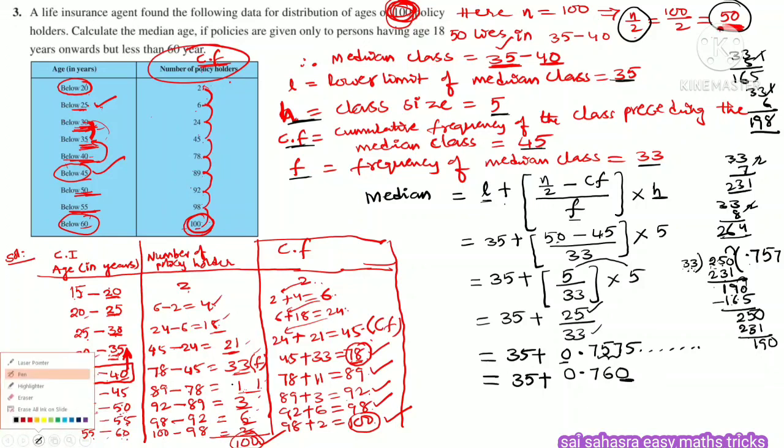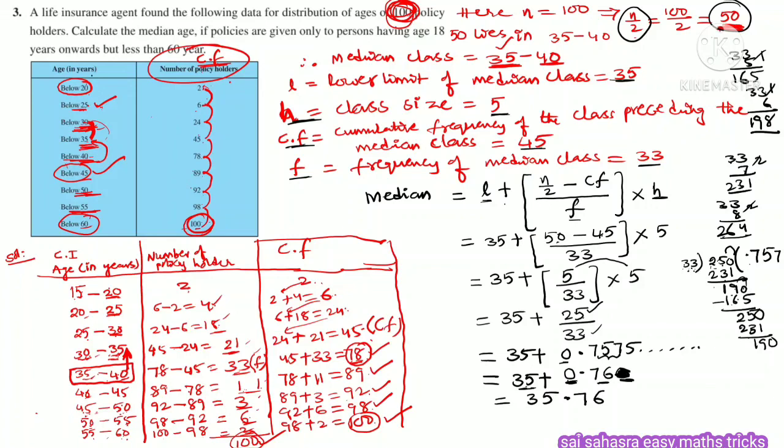The zero at the extreme end after the point we can avoid, so that is why it is 0.76 only. The whole number 35 is to be added with the whole number only. This 0 is not required, so 35 plus 0 is 35. After the point, the 76 we have to write.